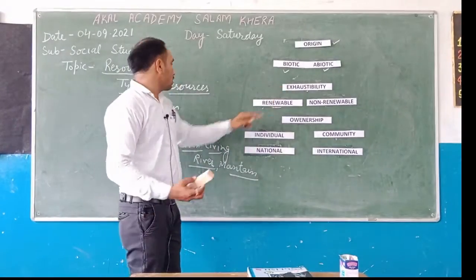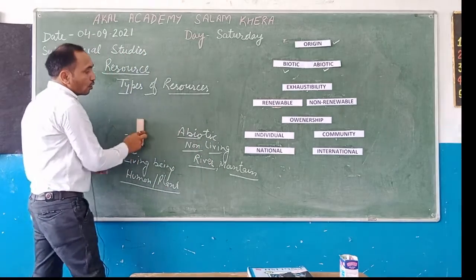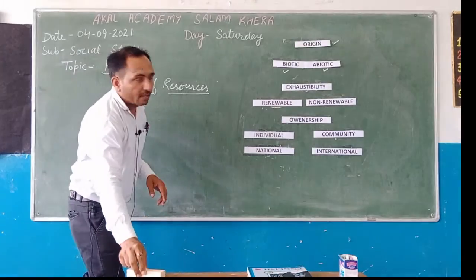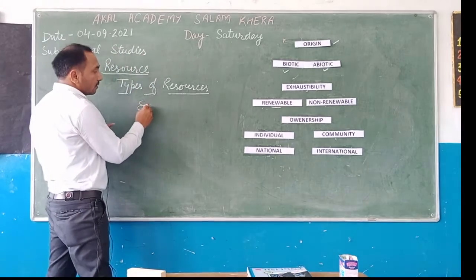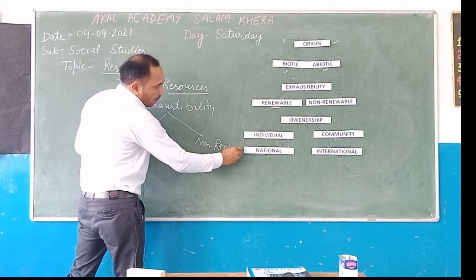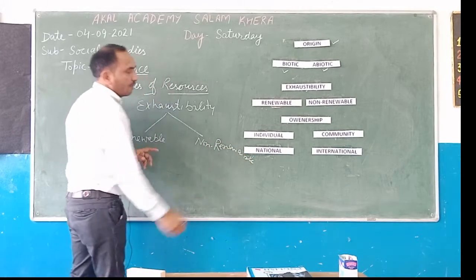Second is exhaustibility. Exhaust means to finish something, to be over. On the basis of exhaustibility, we can divide the resource again into two types: renewable and non-renewable.